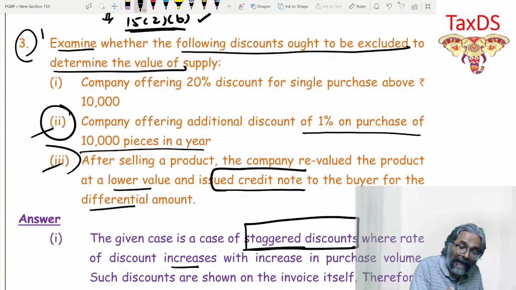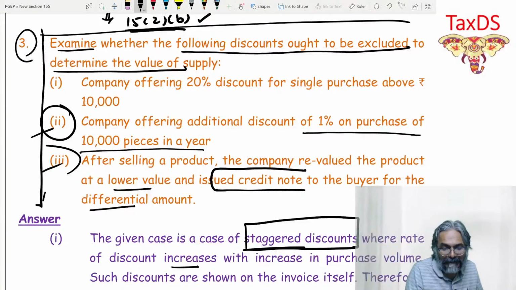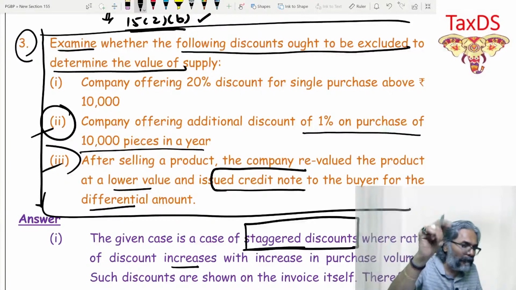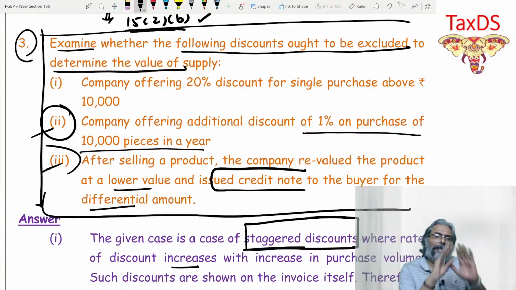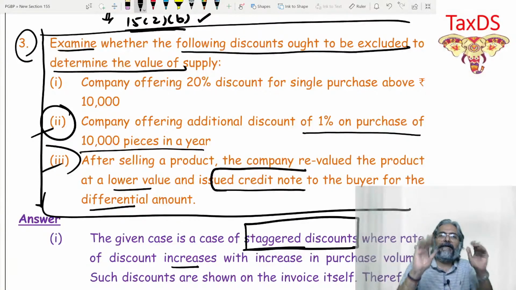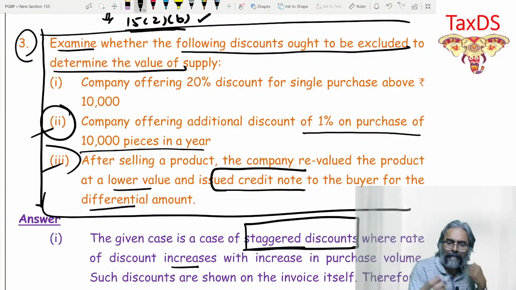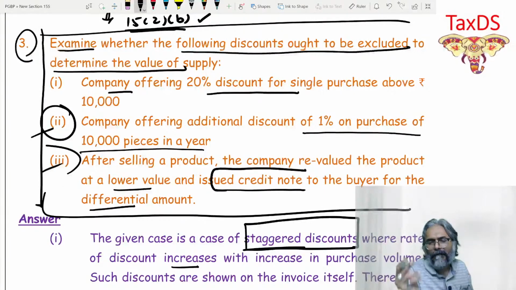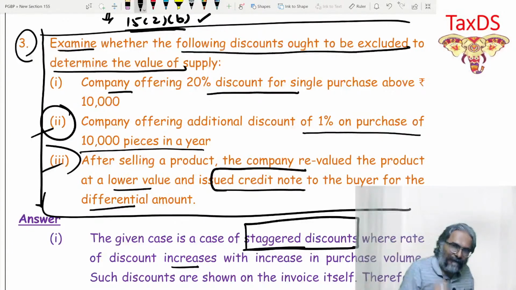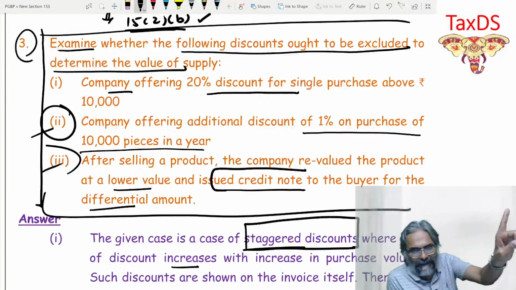But if you say that, sir, this is not independent, this is the policy of the company, then the way to read the question will be different. This is the policy of the company, which is very clear. So what is the policy? The same, only one transaction. Company offering 20% discount for single purchase above 10,000.